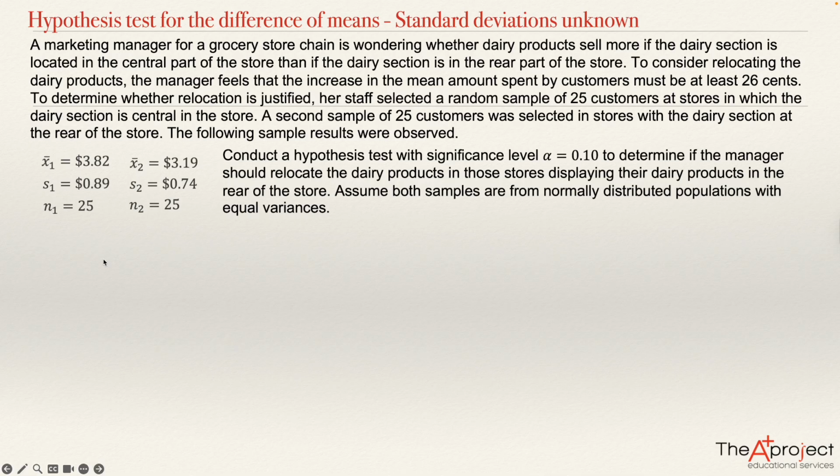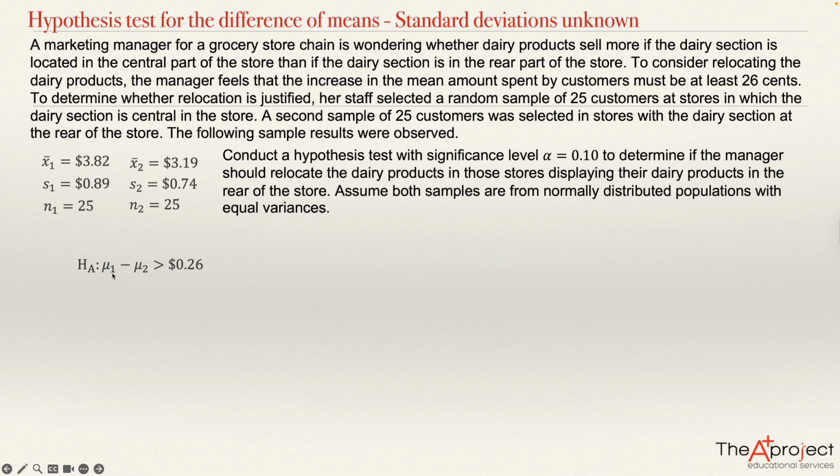So we are going to check then if actually for the whole population the mean is 26 cents more than in the second population. So we are going to use as alternative hypothesis that the mean for the stores in the central part is 26 cents more than in the second part. So it means that the alternative hypothesis must be mu sub 1 minus mu sub 2 greater than 0.26.